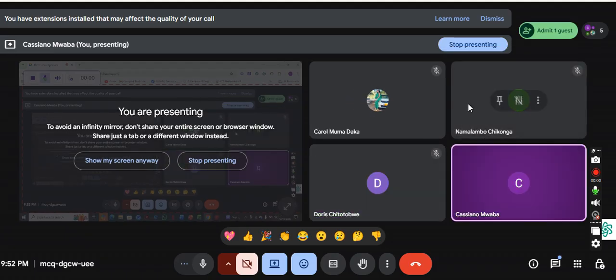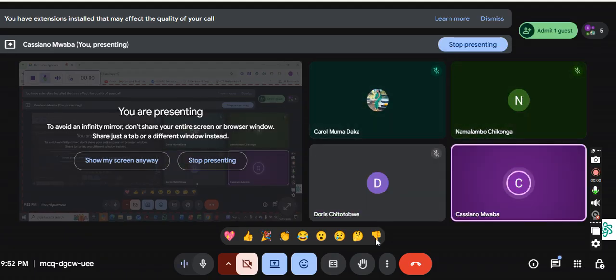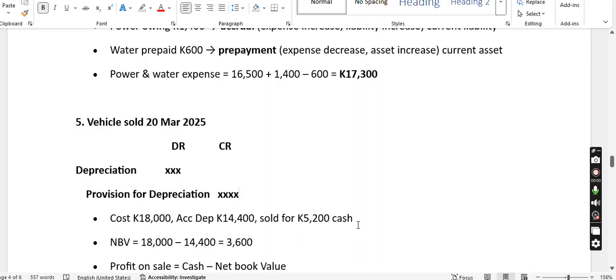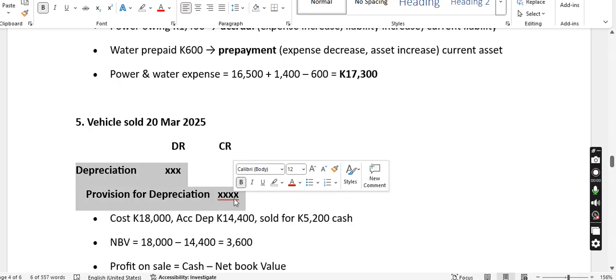So a contra asset account reduces the value of an asset. Each year when you do this depreciation expense, the accumulated depreciation is growing, and as the accumulated depreciation grows, the value of the asset drops.